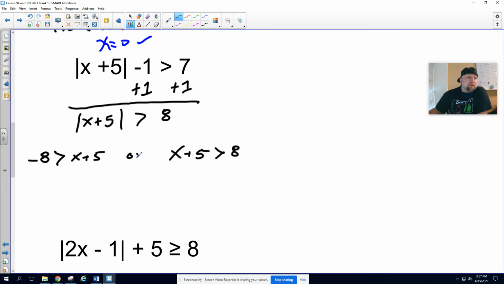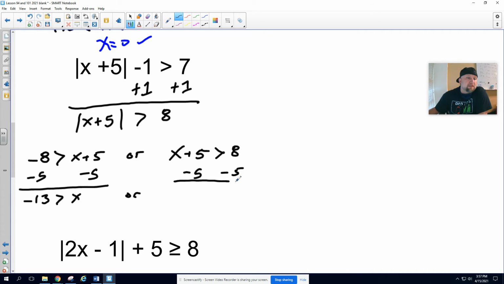So this is now an OR statement. So we subtract 5 from both sides. We get -13 is greater than x, or subtract 5 from both sides, and we get x is greater than 3.